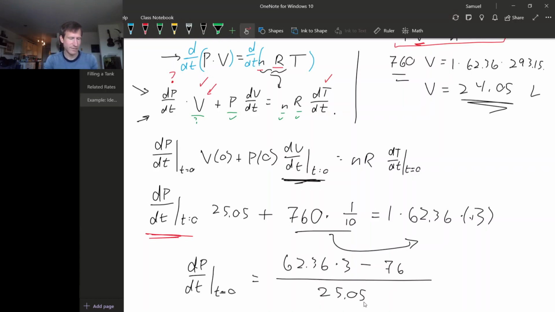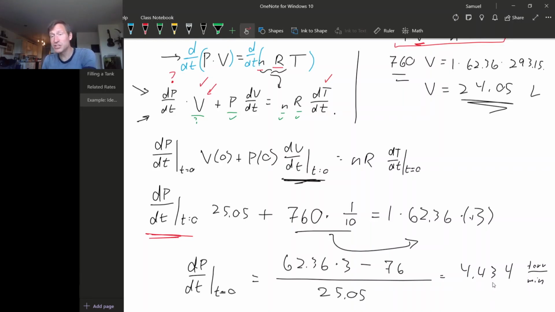So this is, let's see, 62.36 times 3 minus 76 divided by 25.05. So 4.434. And because this is dP/dt, it must be in pressure units per time unit, so that's going to be torr per minute.